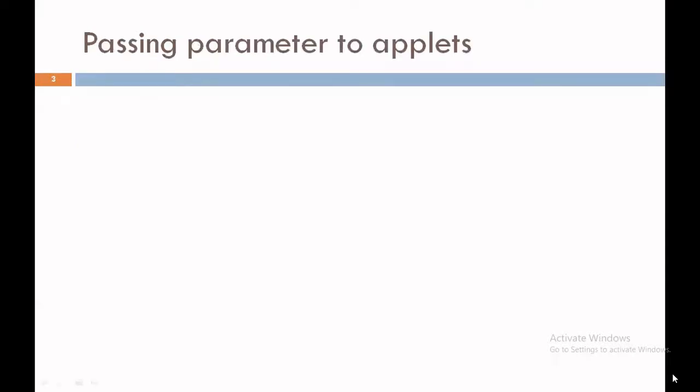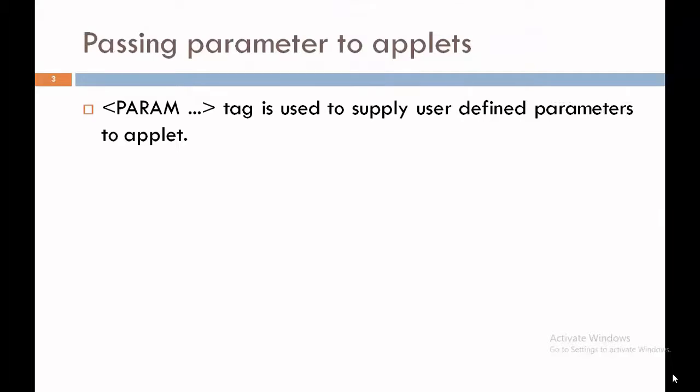Now, first of all, we discuss what the param tag is and why we use it in an applet. Param tag is also known as passing parameter to an applet tag. Param tag is used to supply user-defined parameters to an applet.